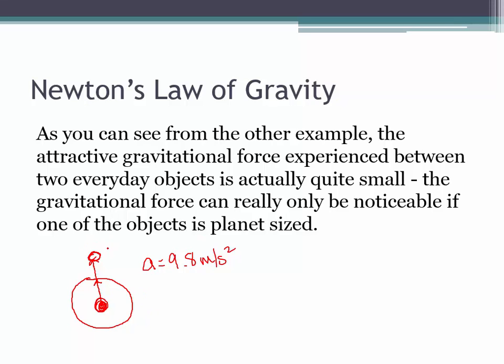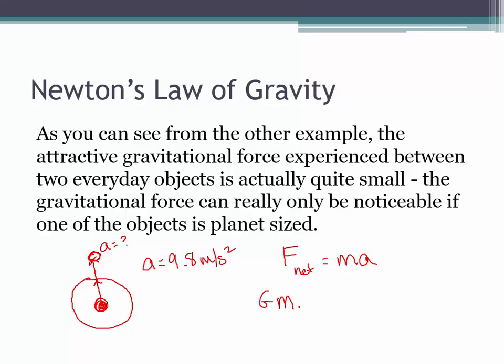So if this was my satellite and I wanted to figure out its acceleration at this height above the surface of the Earth, what I could do is say, okay, well, I know that net force is equal to ma. And for my satellite here, its net force is the gravitational force between it and the planet.